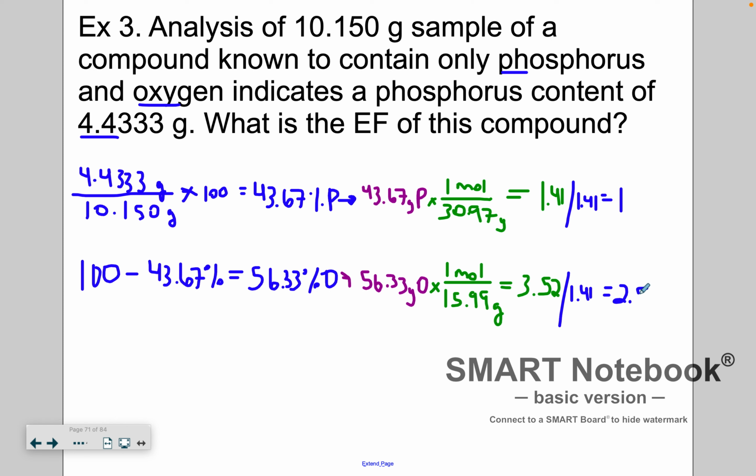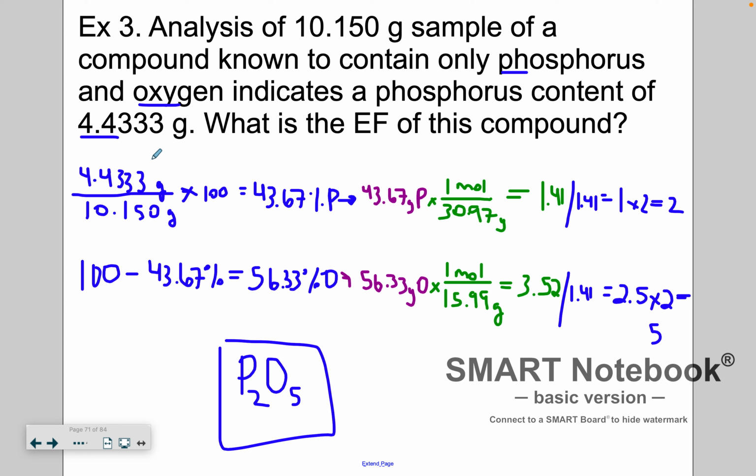Okay, now, usually we would say my empirical formula is P because I have 1, and then O, but you can't write 2.5. So what can I do to the 2.5 to get it to a whole number? Oh, I can multiply it by 2. So now this is 5. I take the top, multiply it by 2, and this is 2. So my EF, I have 2 phosphorus and 5 oxygen.